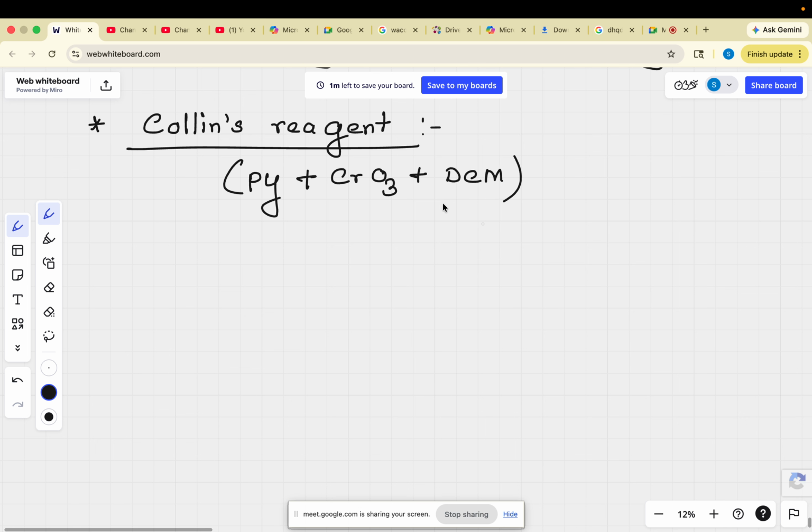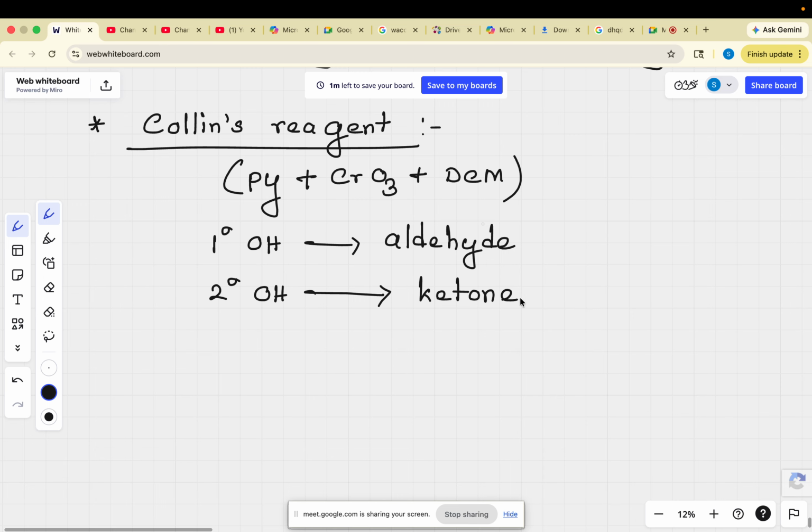Here we are not using acetone, we are using DCM. With this Collins reagent, if you have a primary alcohol, it will oxidize to an aldehyde. If you have a secondary alcohol, it will oxidize into a ketone.